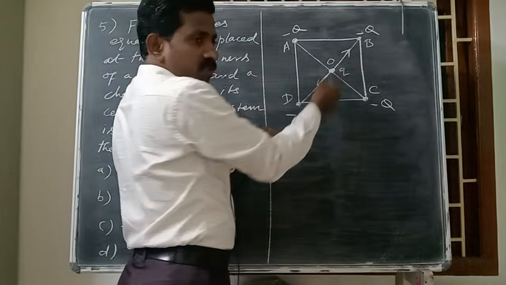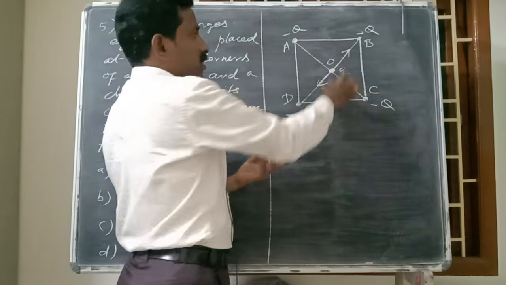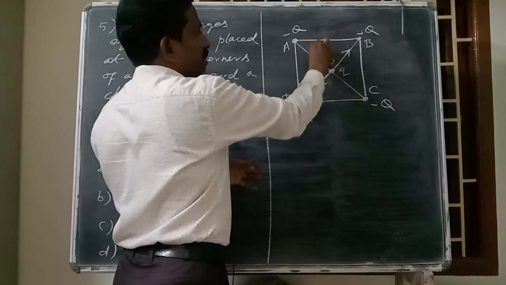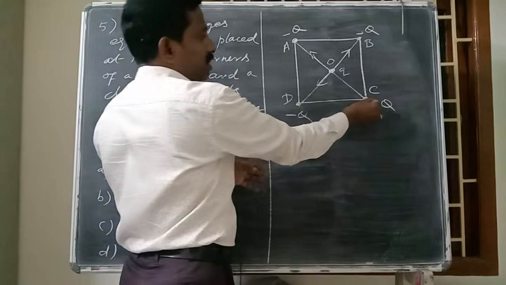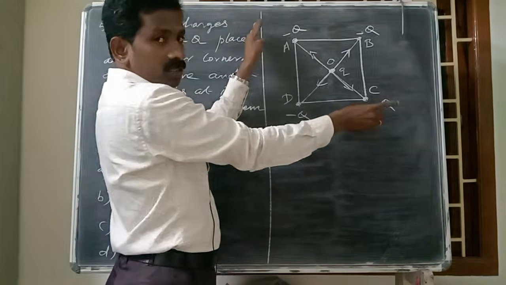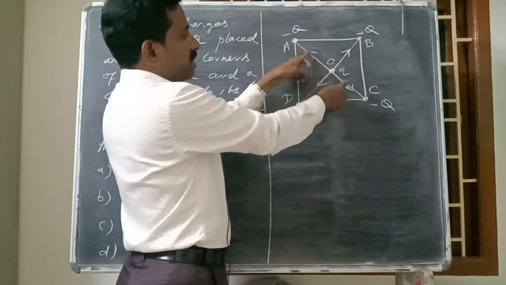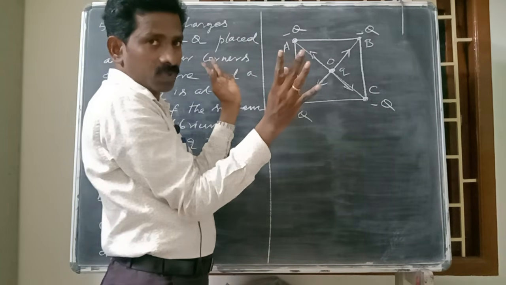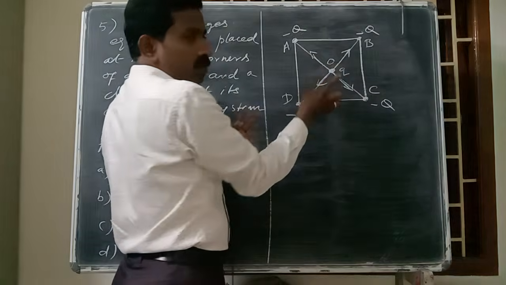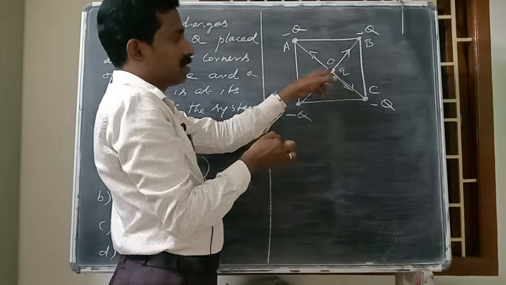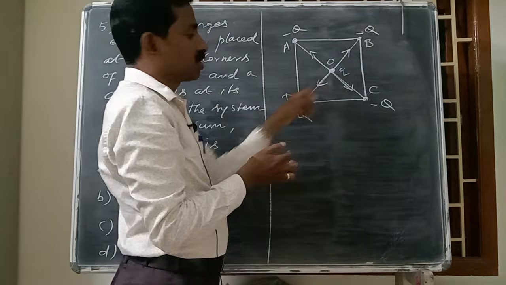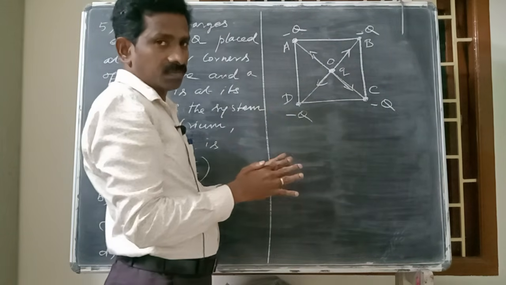So these 2 forces will be equal and opposite, so they cancel each other. Similarly, this minus q will attract this small q with an equal force but opposite in direction, so they will cancel each other. So what we can conclude, this small q is in equilibrium provided all the other 4 charges are at rest.